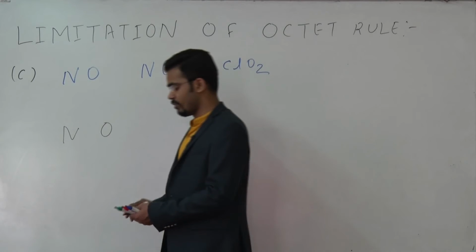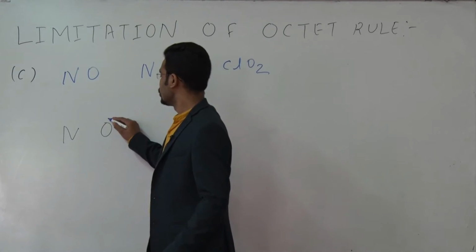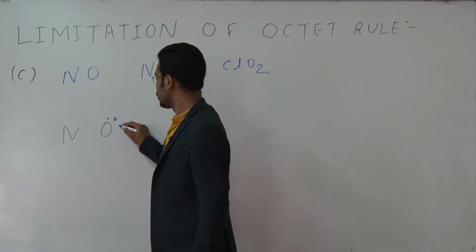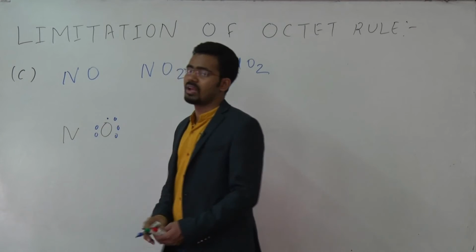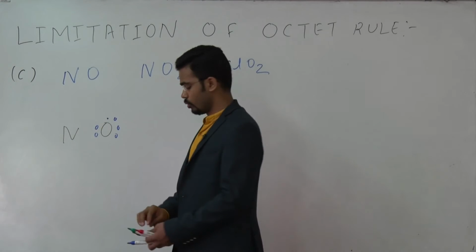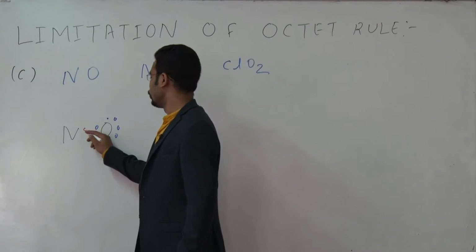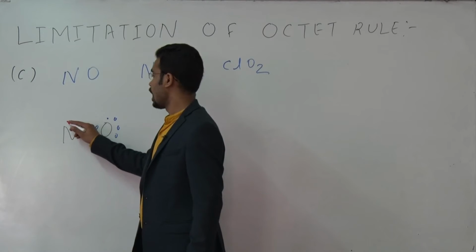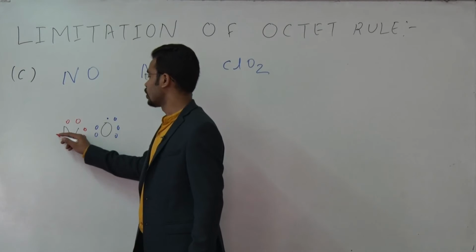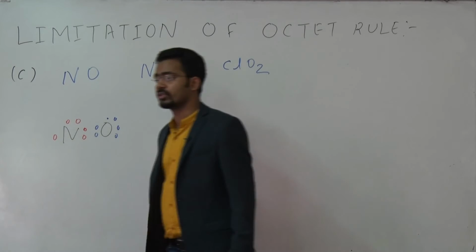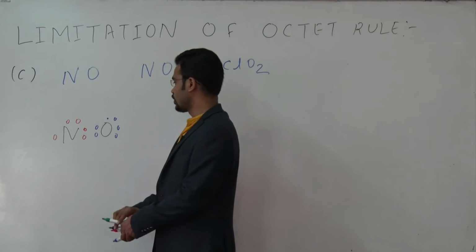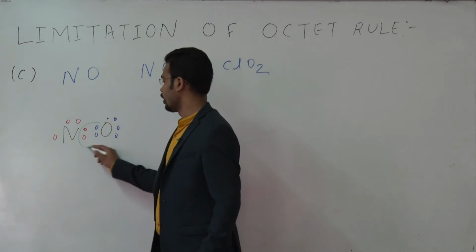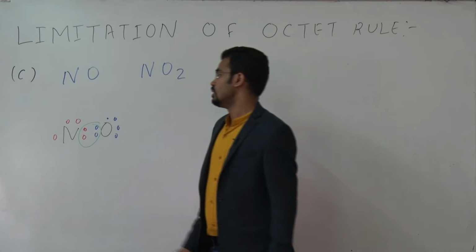So first write the valence electrons. Oxygen has 6 valence electrons, and the shared electrons between nitrogen and oxygen are 2. Nitrogen has 5 electrons. So sharing of 4 electrons occurs between nitrogen and oxygen.